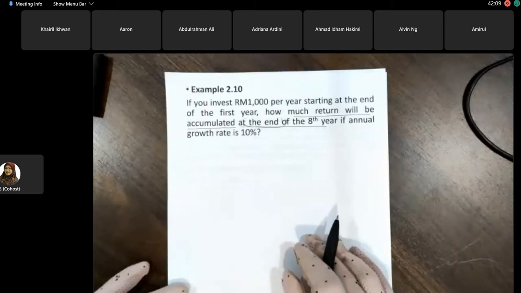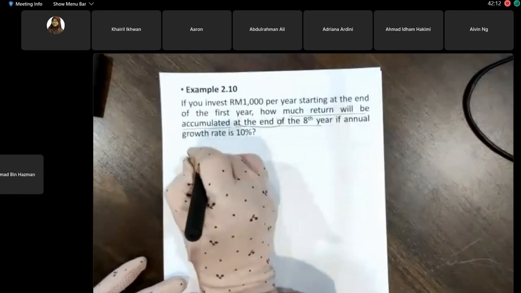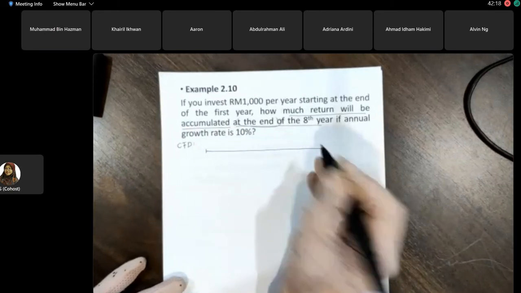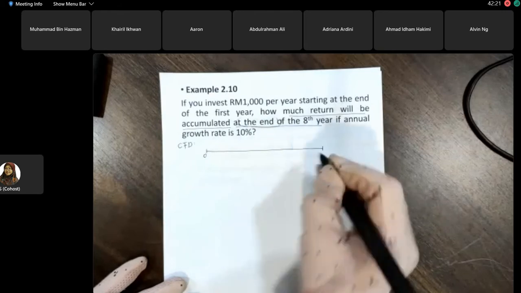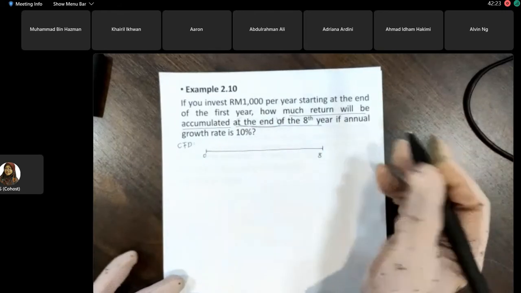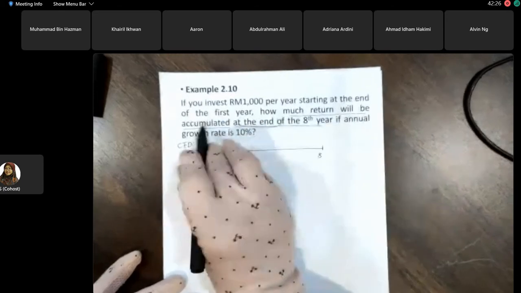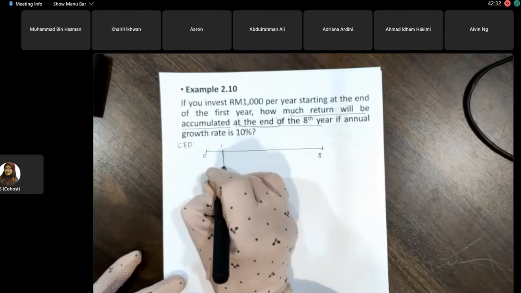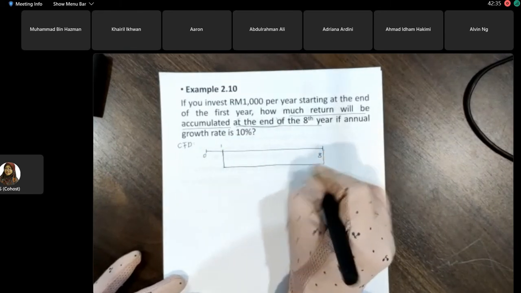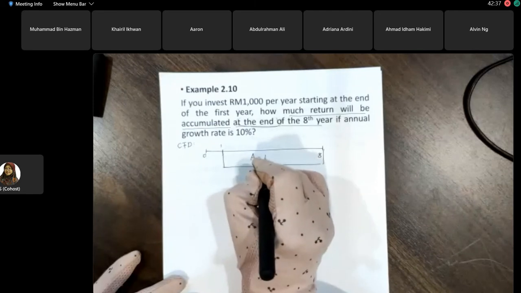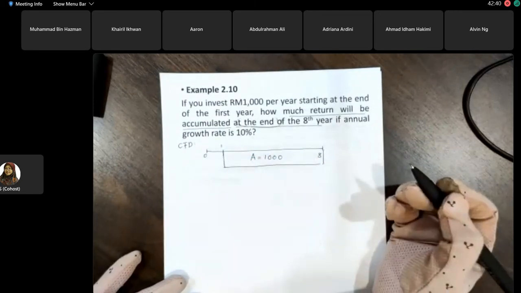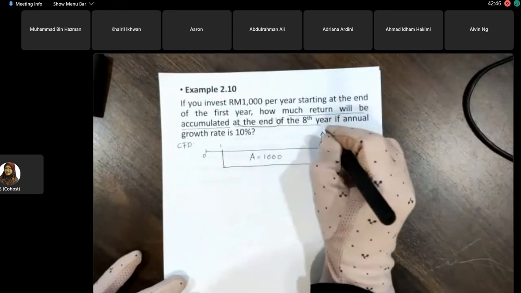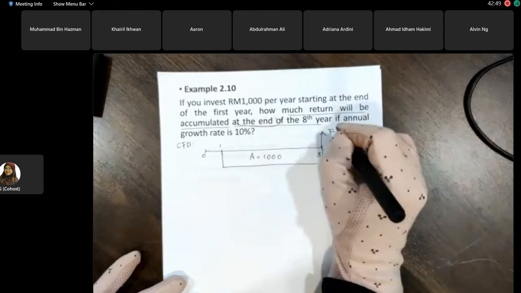Find F. So first, cash flow diagram. Time scale up to 8. You invest 1,000 per year from the first year until the 8th year, so A is 1,000 ringgit. The value accumulated at the end of the 8th year is F.